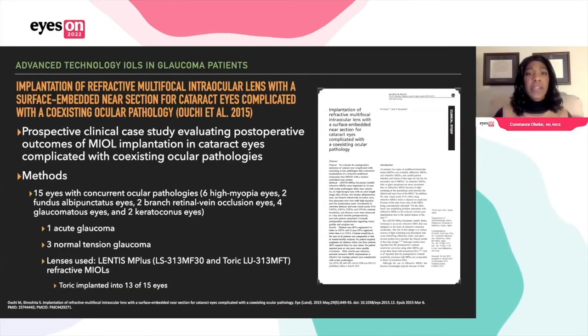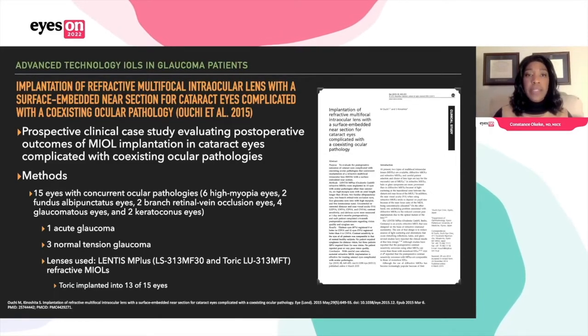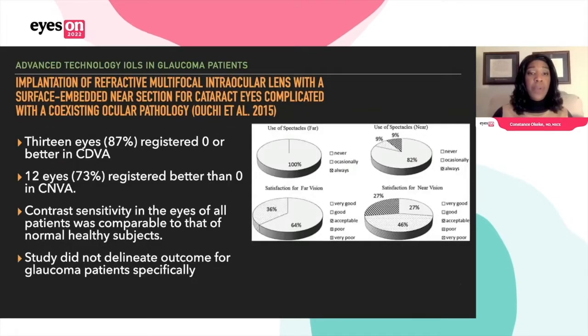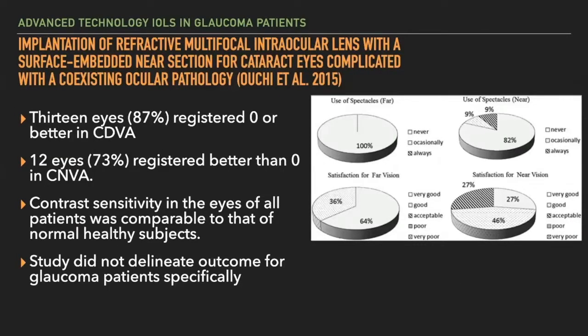Here's a study that looked at using multifocal lenses in patients who had cataracts and other existing pathology. It wasn't a focus on glaucoma, but there were some glaucoma patients within this study. There were 4 patients out of 15, so a small study. The patients were able to have good distance vision without having to use spectacles and were satisfied with their far vision.